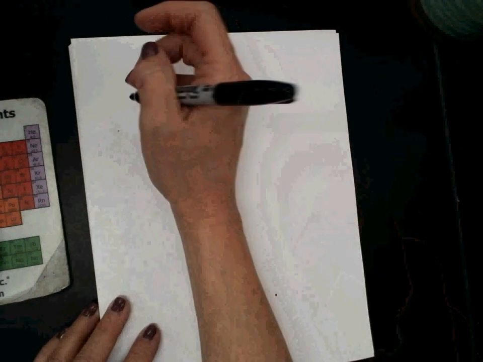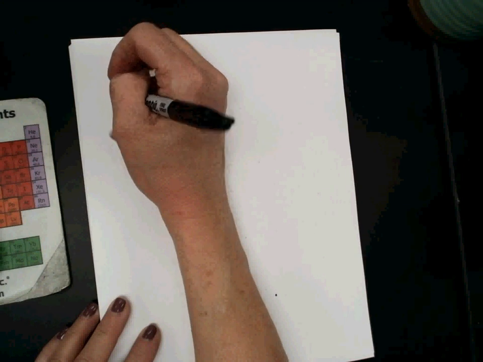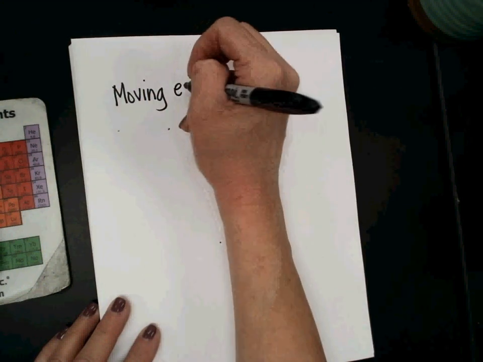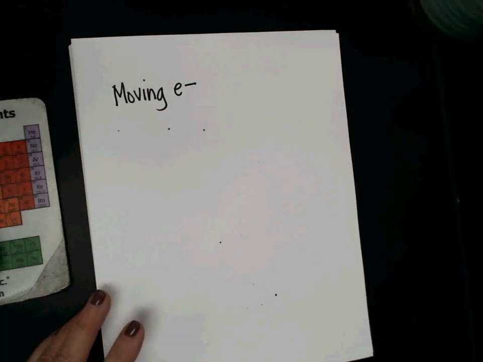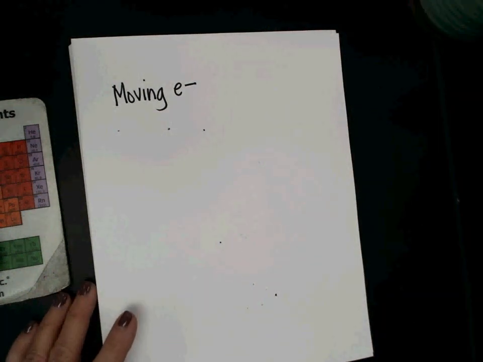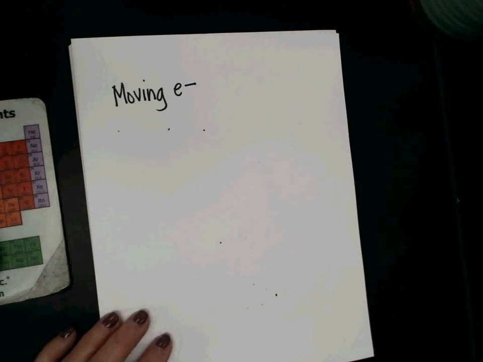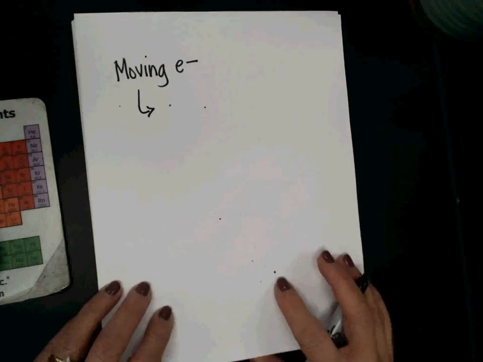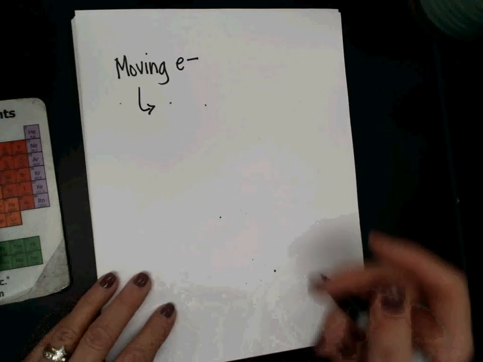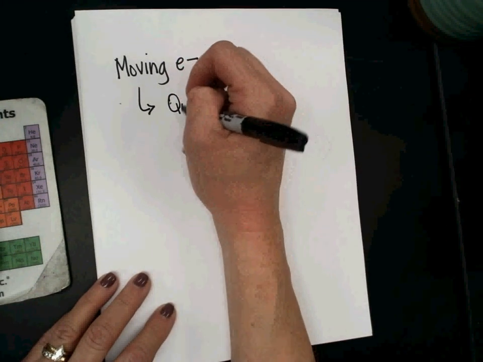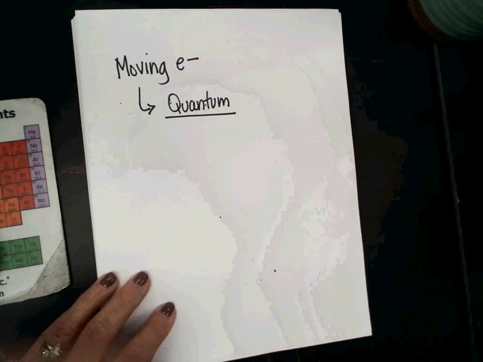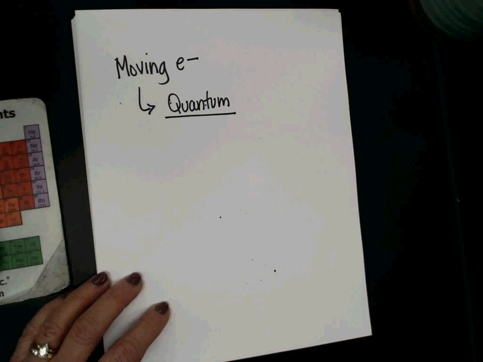All right, so when we see all this light, like the light that you're seeing right now, it happens because we're moving electrons. All light. If I want to move electrons, there's this word that goes along with it, and it's called a quantum.